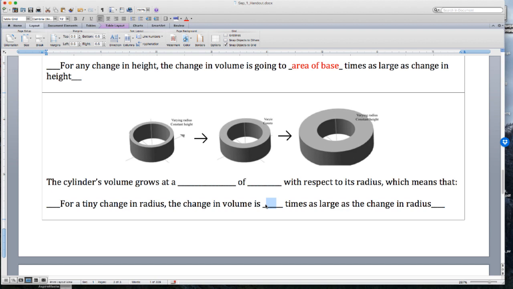The change in volume is something times the change in radius, right? If we have this, what goes in that blank? It is 2 pi r h.